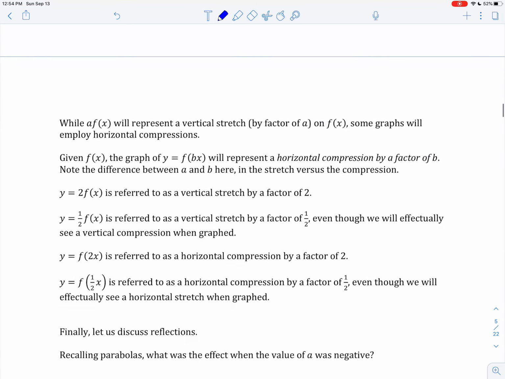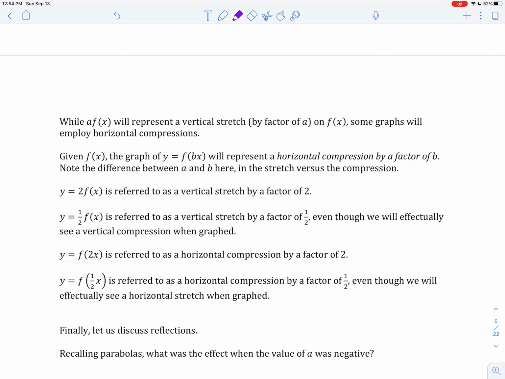So there's formal ways to refer to these. When we have y equals 2f of x, we say that there is a vertical stretch factor of 2. But if we're talking about y equals half of f of x, well, we could say that there's a vertical stretch factor of half. We do see a compression, really.